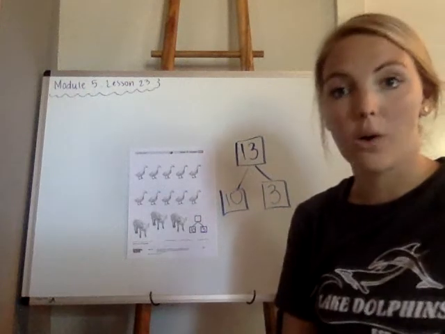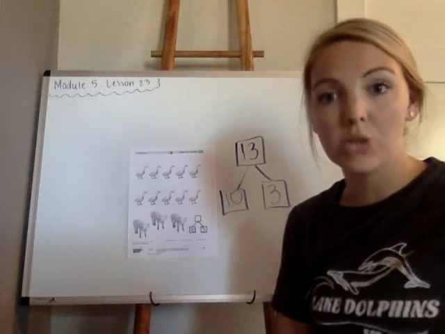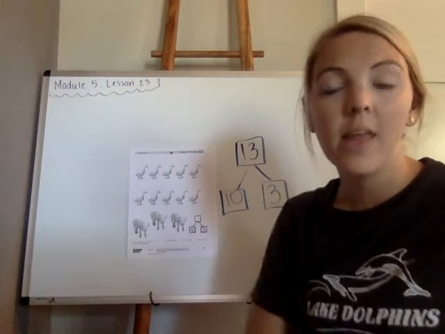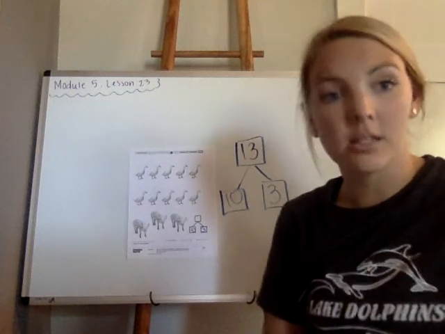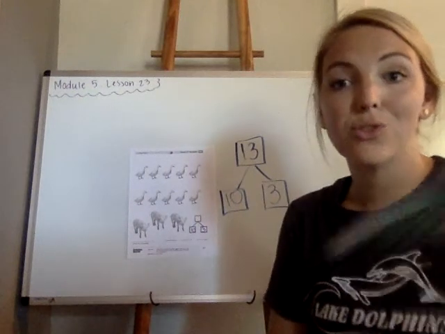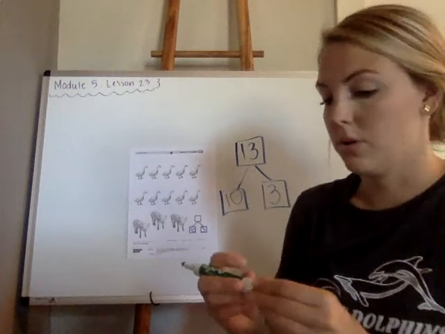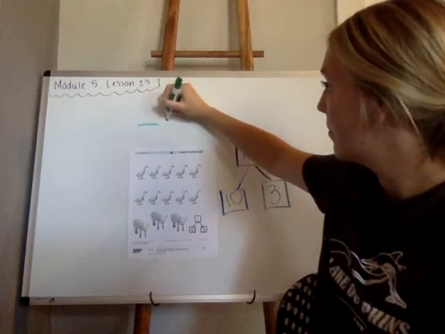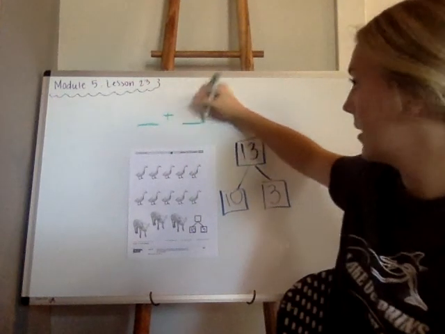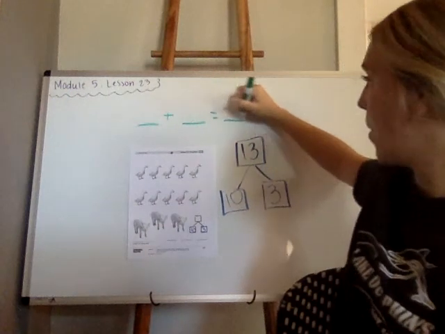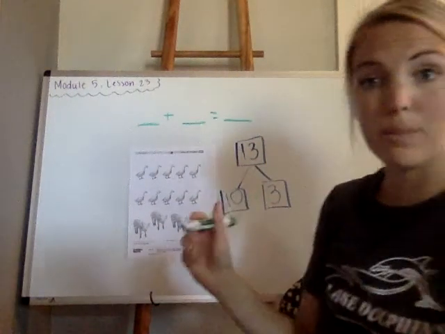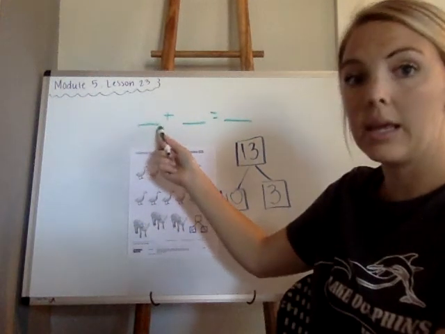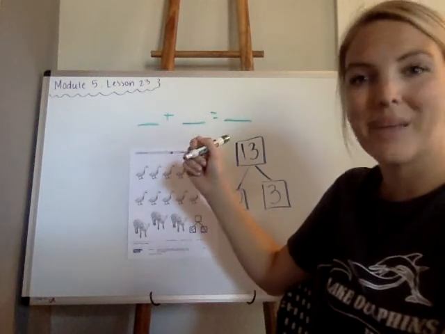Okay, so now if I'm going to do a number sentence, I'm going to write it differently than how I did my hearts. I'm going to now start with the parts. So now I'm going to have blank plus blank equals my whole.